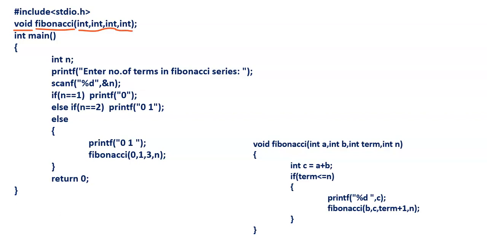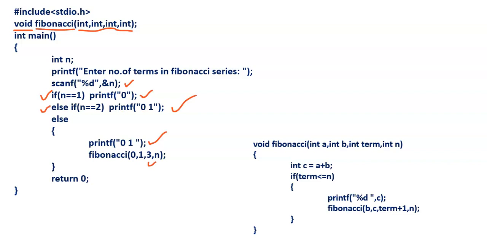In the main function, we are reading n value. If n value is equal to 1, that means only one term, then we are printing directly 0. If number of terms are 2, then we are printing 0 and 1. Otherwise, if the number of terms are greater than 2, then we are printing initially two terms 0 and 1, and then we are performing recursion, calling the Fibonacci function to print from the third term.